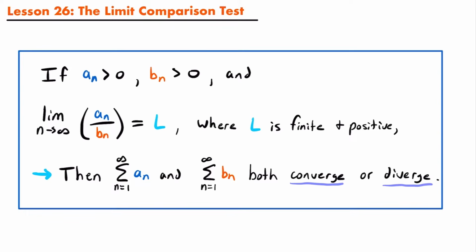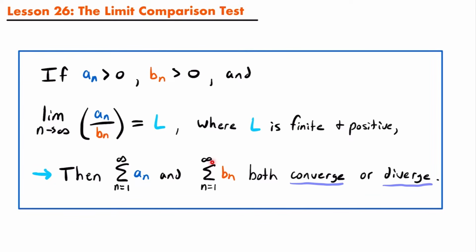All right, and so the way the limit comparison test is going to work is we are going to start with one infinite series. So let's say we start with this series right here, a sub n, and we are going to want to find a second series to compare it to, and that will be b sub n. That series that we compare to the original should be a series that we already know the convergence of, meaning we know whether it converges or diverges.